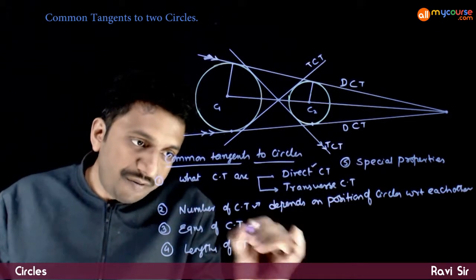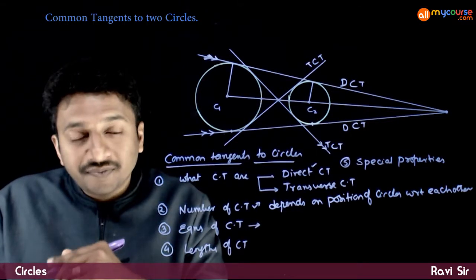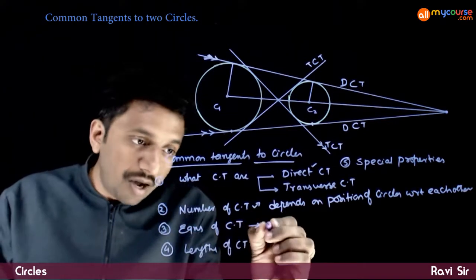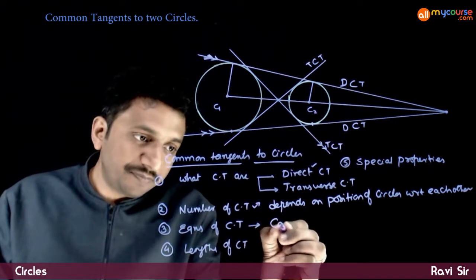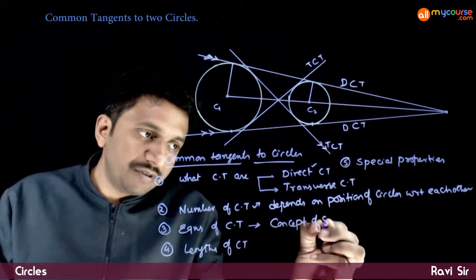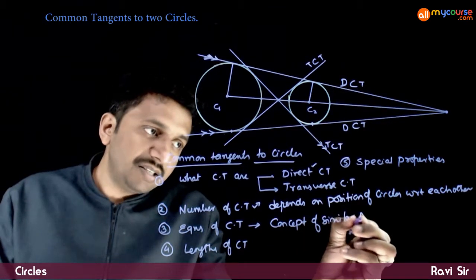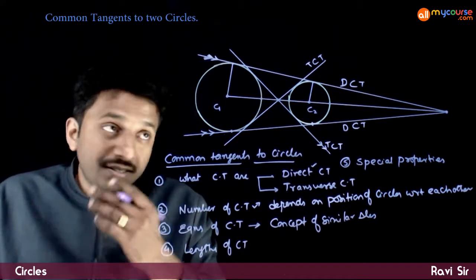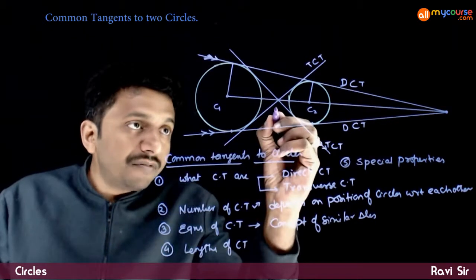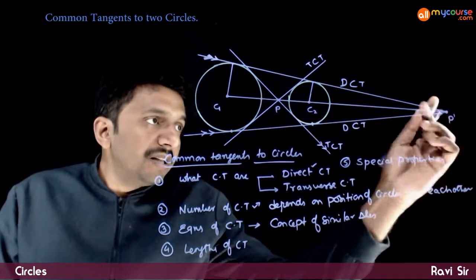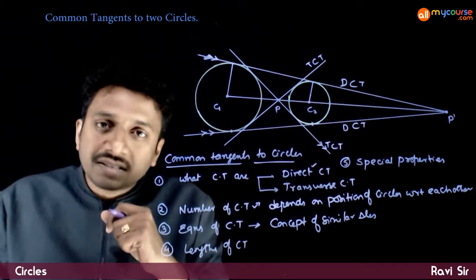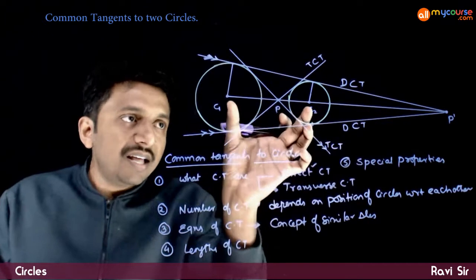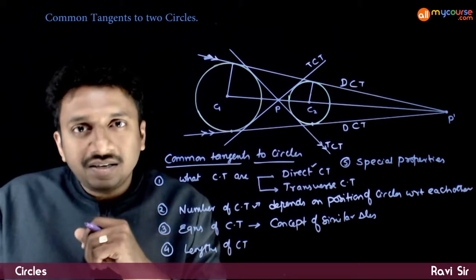Next, how do you find the equations of common tangents? The equations of common tangents can be found using the concept of similar triangles. One important property of common tangents is that the points of intersection of the direct common tangents as well as the transverse common tangents lie on the line joining the centers of the circles.